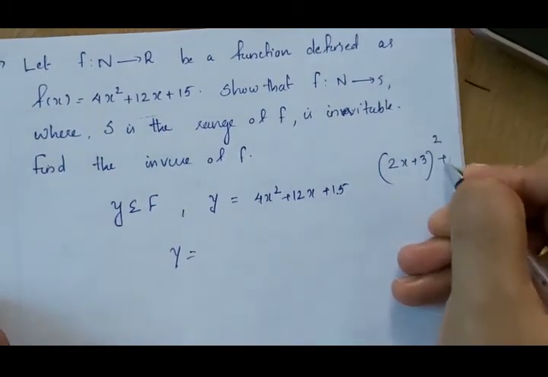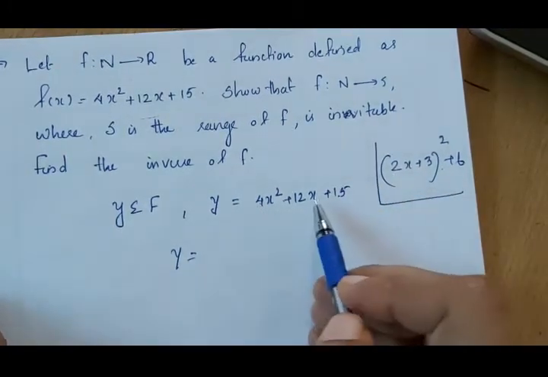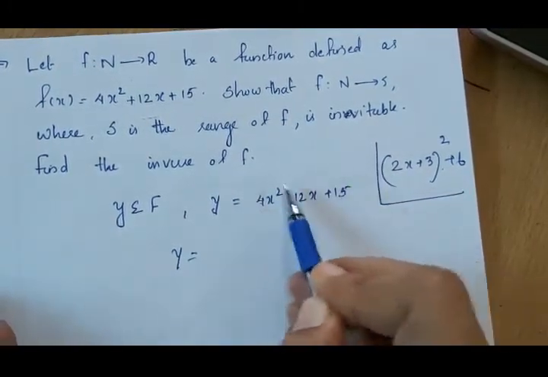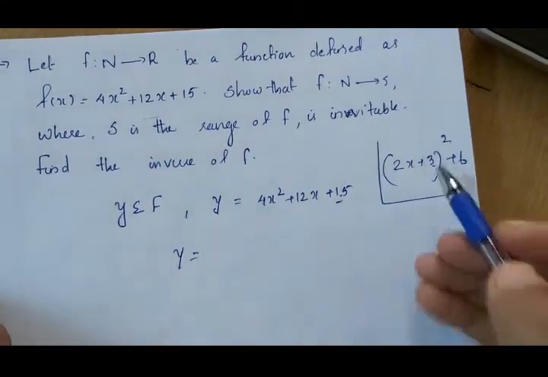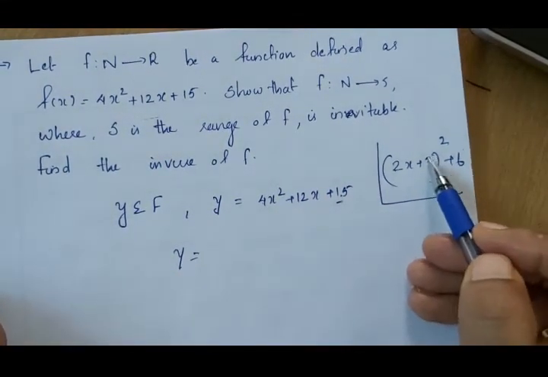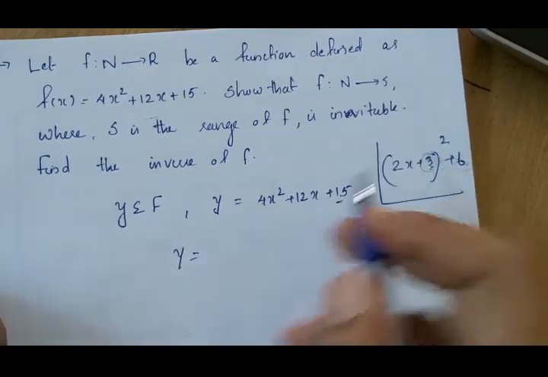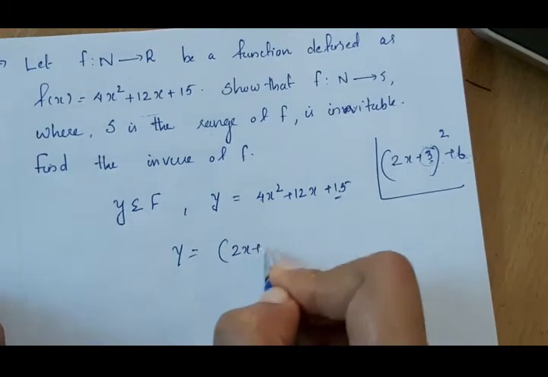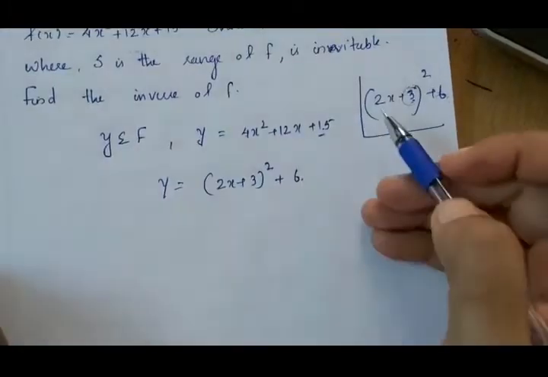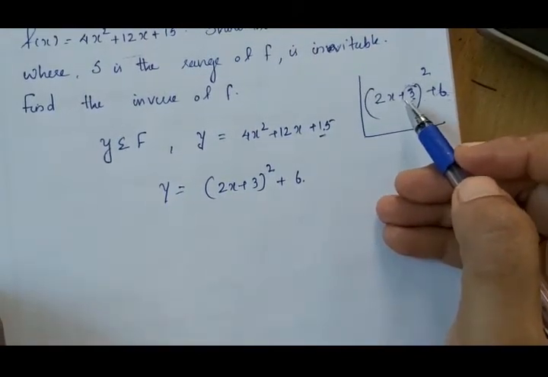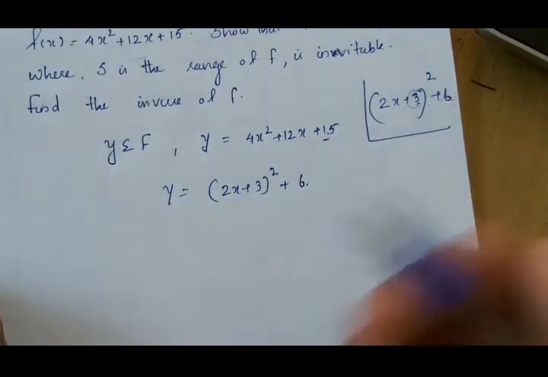When we expand this, we only get 9, but here the value is 15. We have to represent the extra 6 outside. So we can rewrite it as 2x plus 3 the whole square plus 6, which is 4x square plus 12x plus 9, then plus 6.